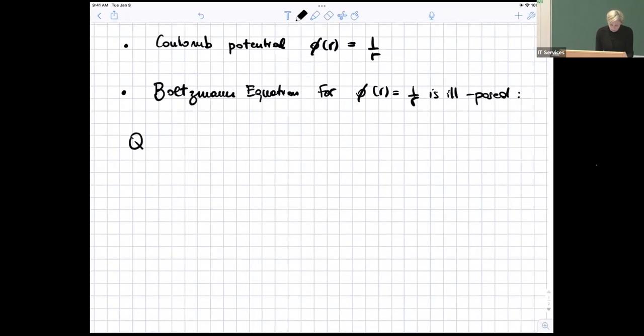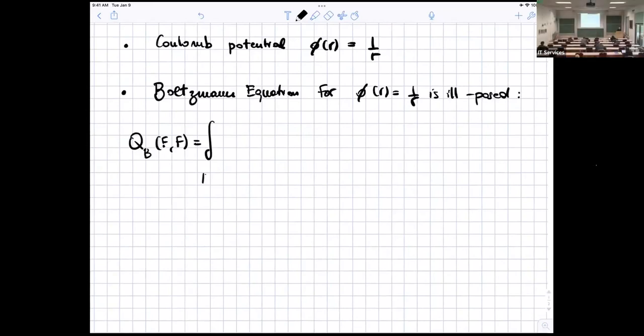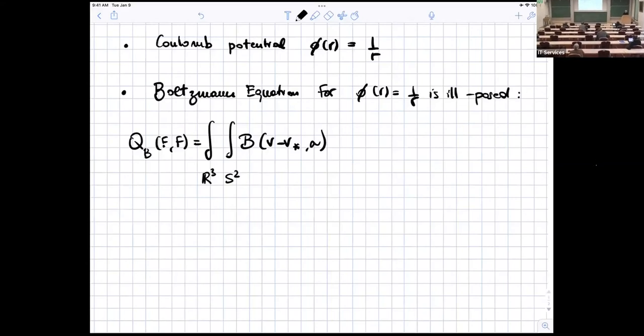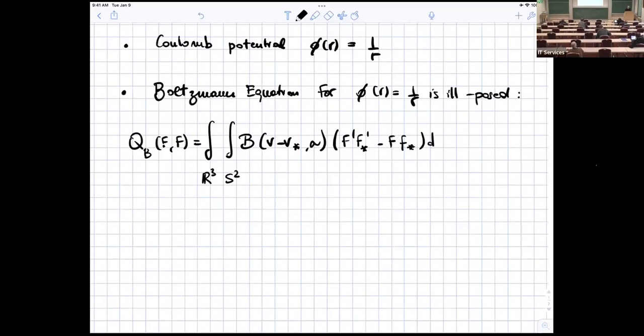If we consider the classical Boltzmann collision operator, which I write in a compact form, we have the kernel, usually a function of the difference of the pre-collisional velocities and the element of the sphere, and then we have the classical pre- and post-collisional loss and gain terms.